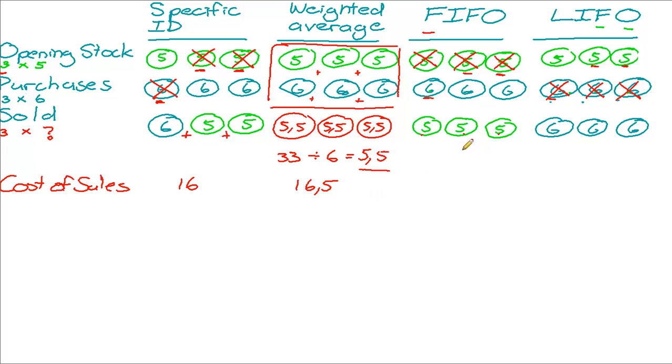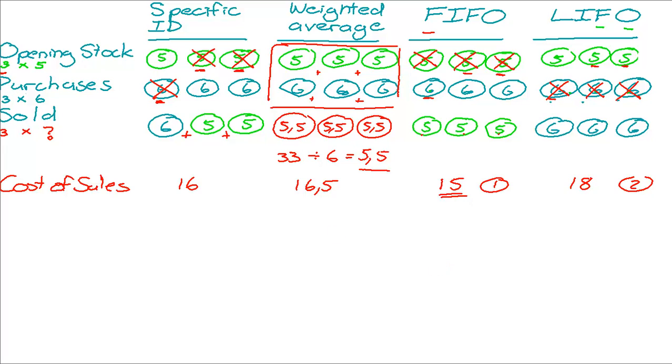Then under the Fifo method, we've got 3 times 5, which is 15, and finally under Lifo, 3 times 6, which is 18. So we can see that my Fifo method gave me the lowest cost of sales, and my Lifo method gave me the highest cost of sales. And this will always be the case where prices increase, which is generally the case in most economies and with most goods.